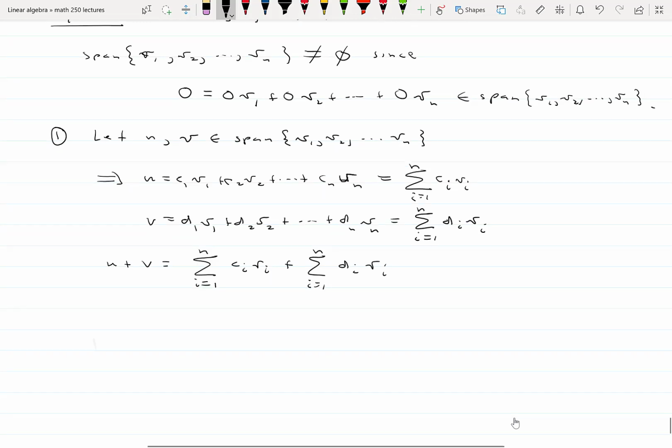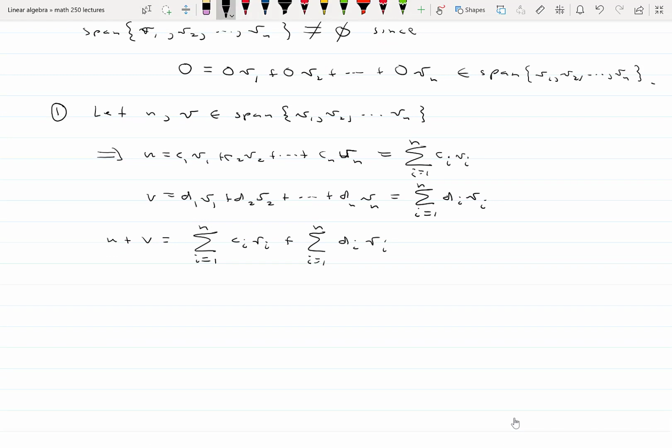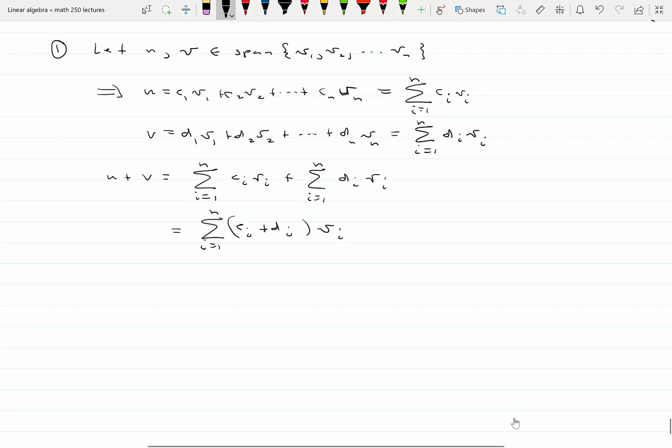If you'd rather see this without sigma notation, take a look at the textbook proof. He does it without sigma notation. This is nothing more than the sum of ci plus di times vi, i goes from 1 to n. That's just another linear combination of v1 to vn. If you need to see it without sigma notation, I'll write it.